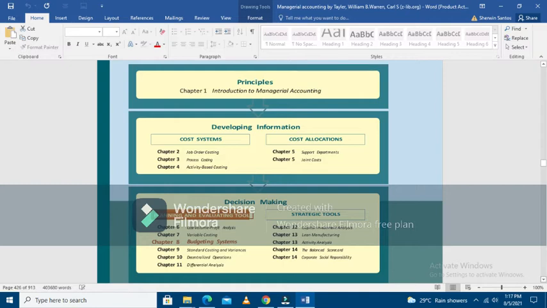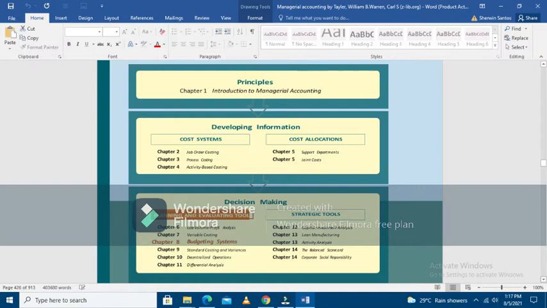Then after we are introduced to managerial accounting, we look at the cost systems and cost allocation. This has been discussed in some of your managerial accounting subjects like job order costing, process costing, activity-based costing, support departments and allocations, and then joint costing.